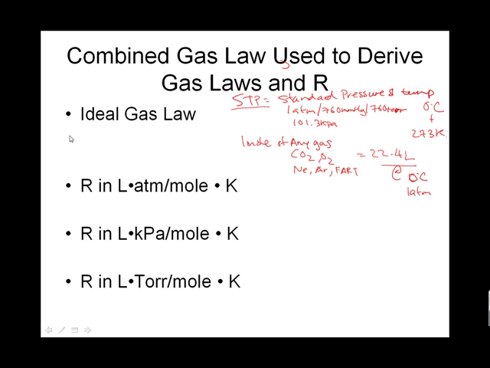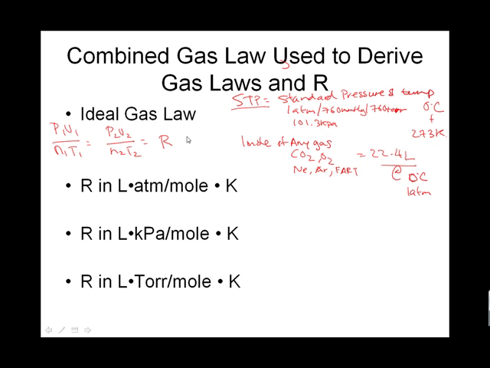Now, going back to the ideal gas law, we know that our combined gas law is P1 times V1 over N1 times T1, which is also equal to P2 V2 over N2 T2, and we know that this equals a constant.